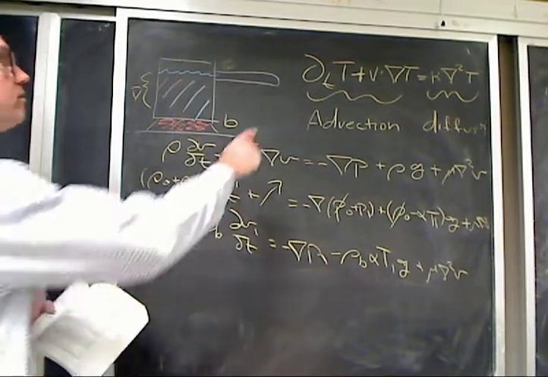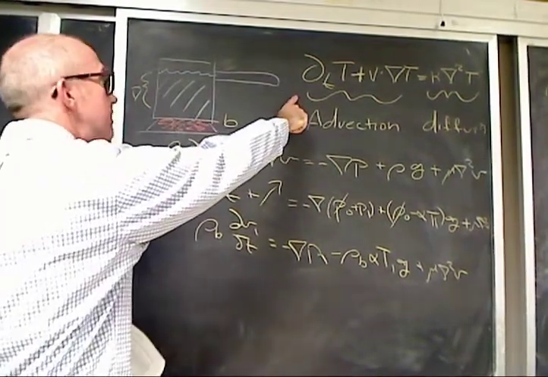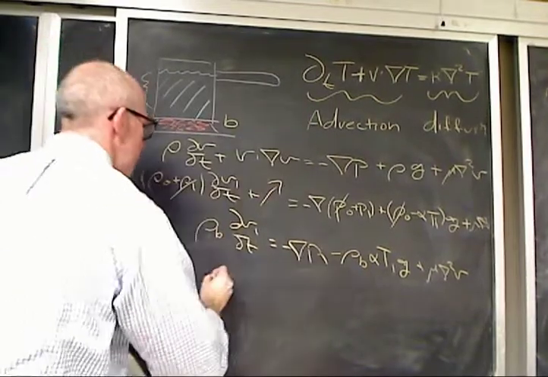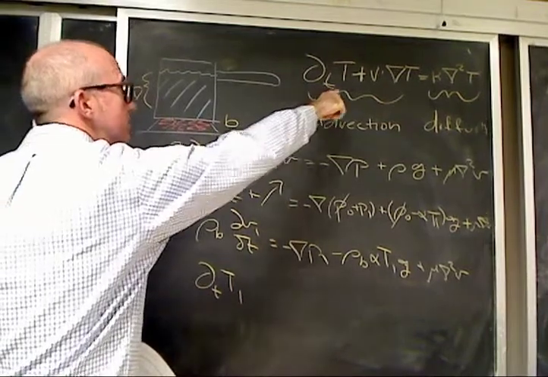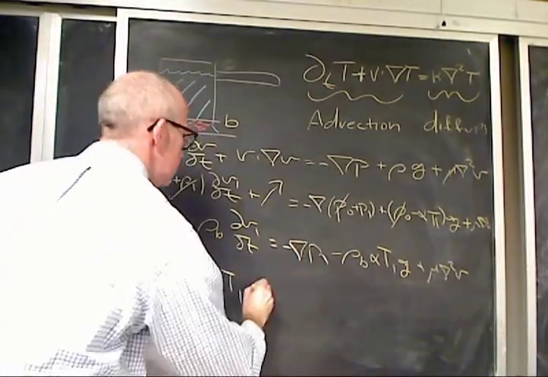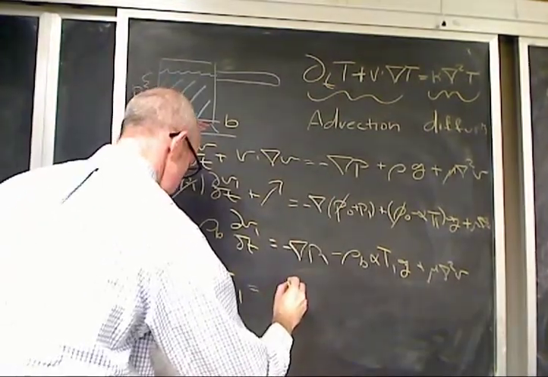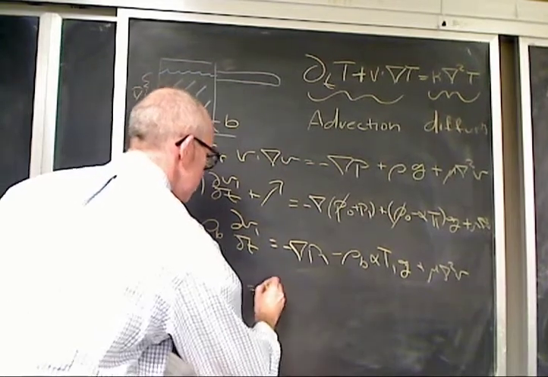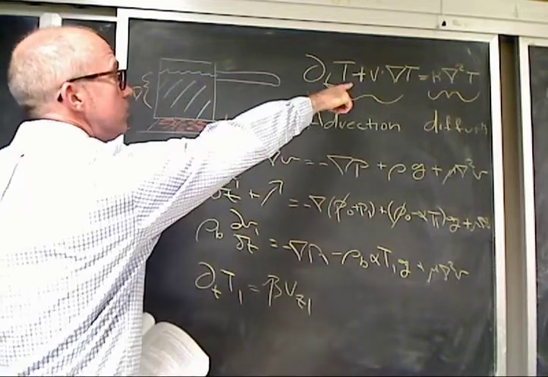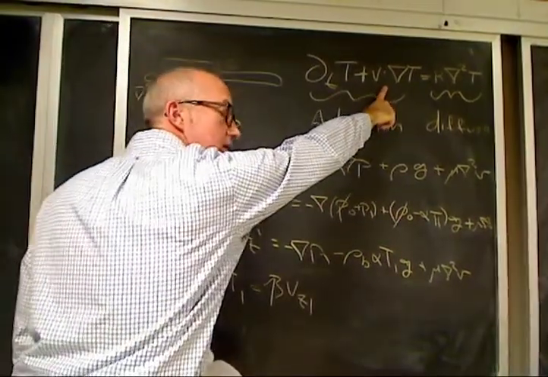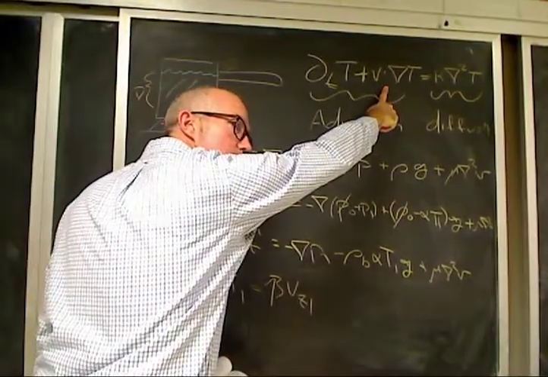And then from here, we'll linearize this, and we're left with d by dt of T1 from that term equals beta v z1 from this term, because that grad T turns into just the beta.